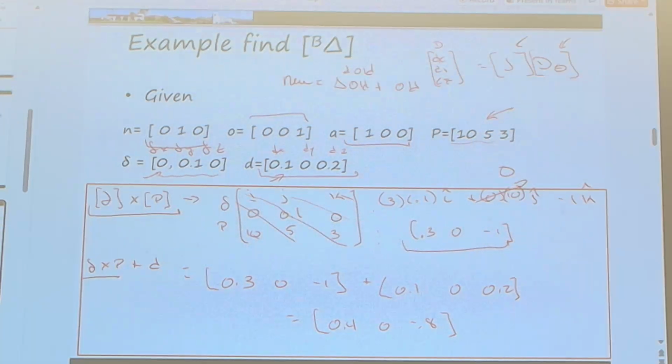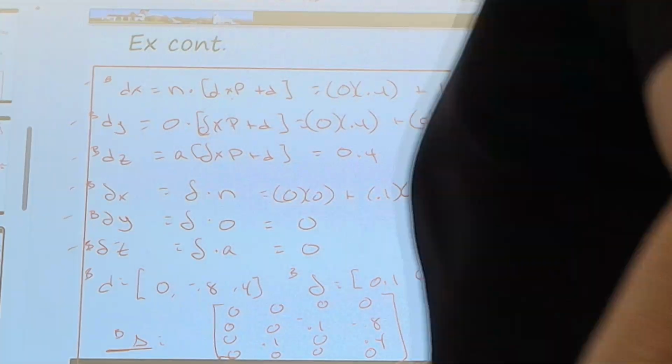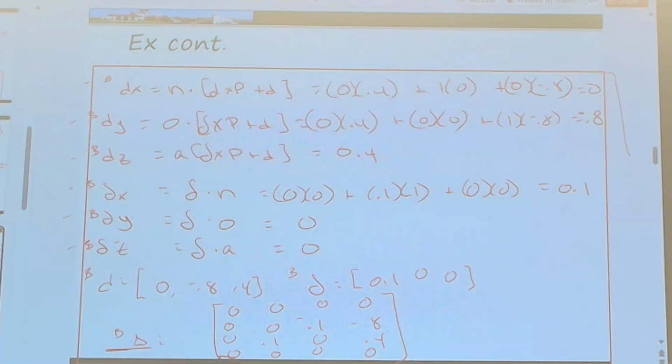Then we continued that example where we found a cross product right here and added in our delta D. Here we find our dx, dy, dz by computing that dot product. That generic process, delta cross P plus D, we take the dot product for each one.